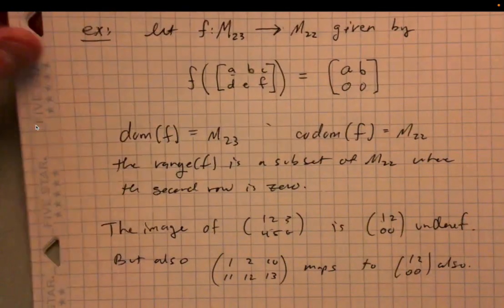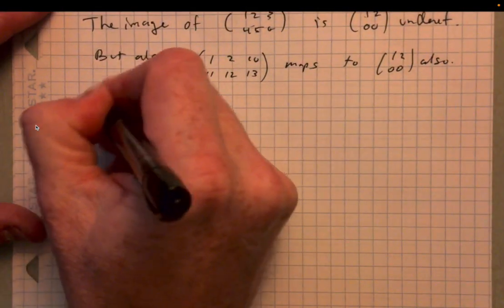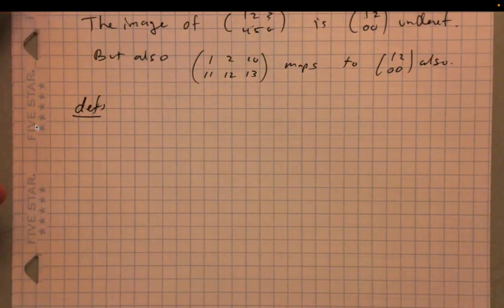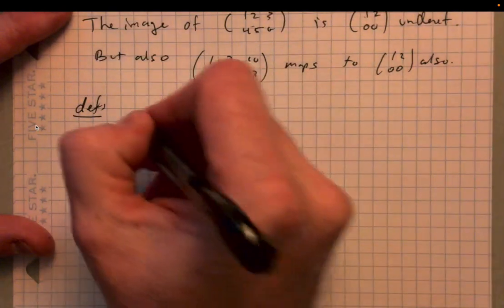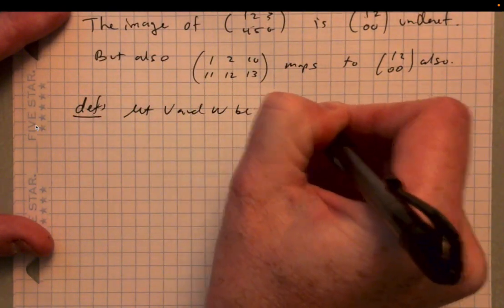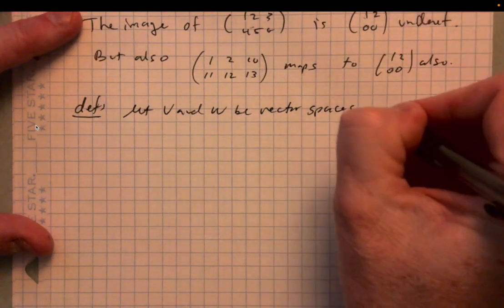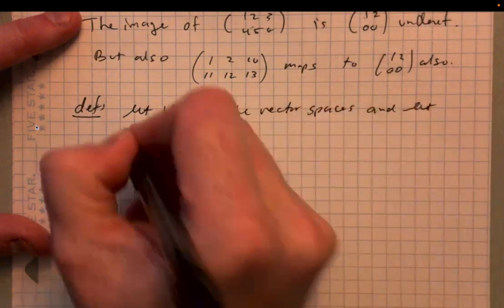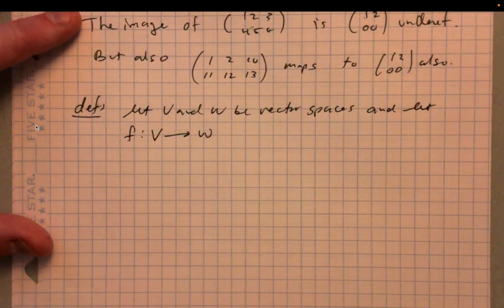Okay, let's formally define linear transformation. So we'll let V and W be vector spaces, and let's let F be a mapping from V to W. We'll call it a function.